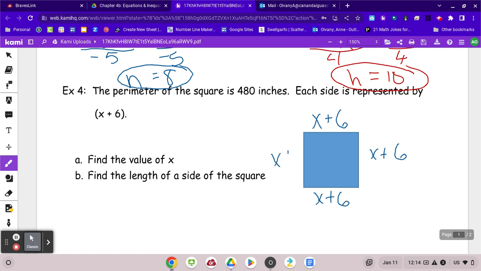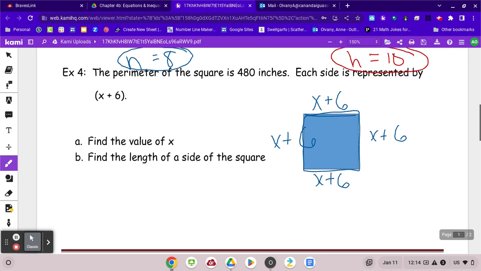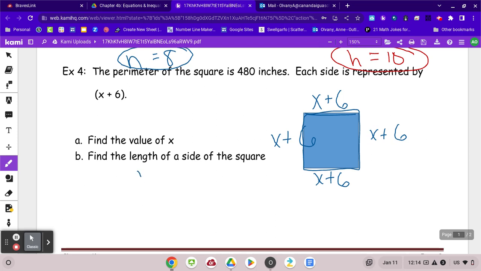Think back to what perimeter means. You have Mrs. Ranke, I think she says she's putting up a fence, putting it around. I always tell kids just add the sides. Now, because all the sides are the same, instead of doing x plus 6 plus x plus 6 plus x plus 6 plus x plus 6, I'm going to use this new idea of taking one side, and since they're all the same, multiplying that whole set times 4.